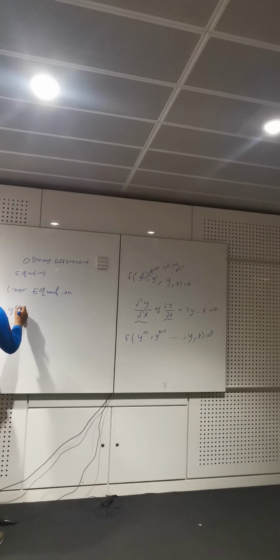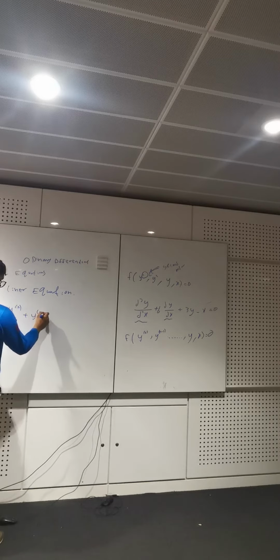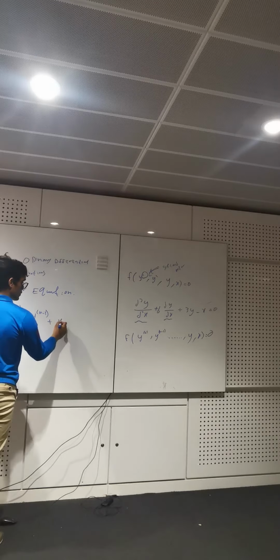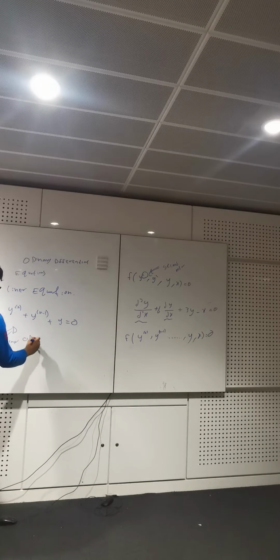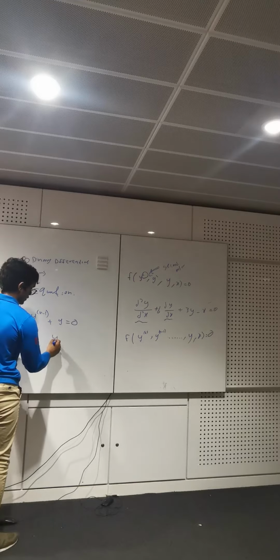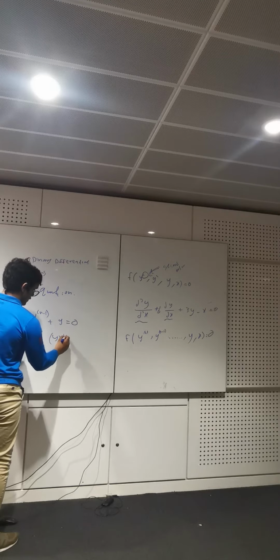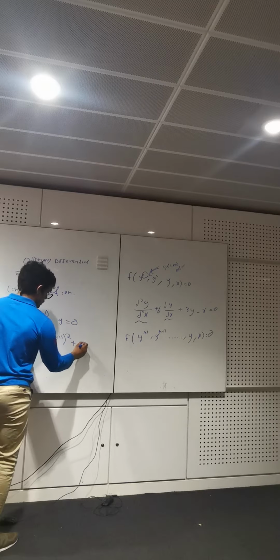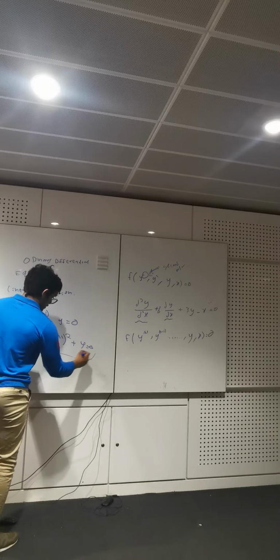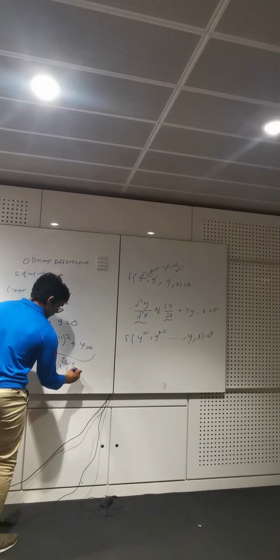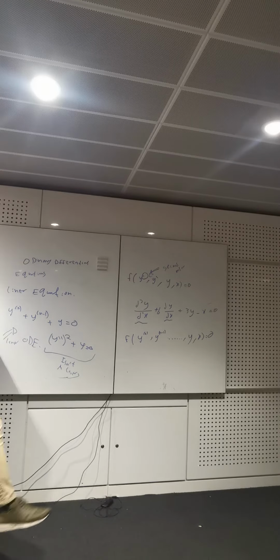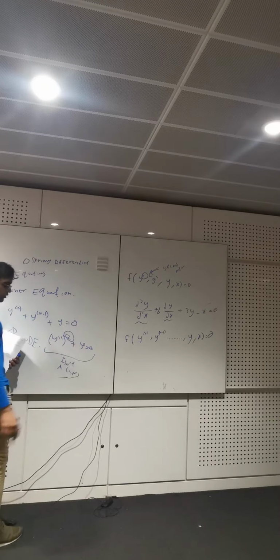So for example, this is a linear ODE, but this thing isn't linear, because here the second derivative is squared.